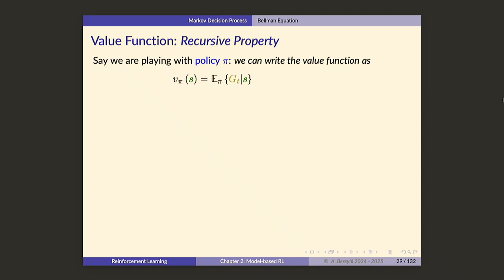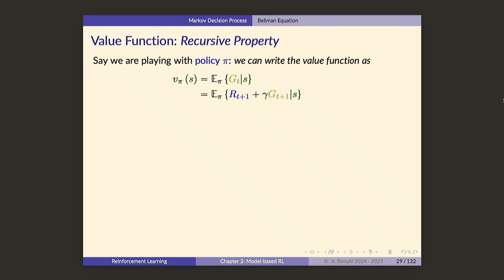Next, I'm going to replace this future return with the expression we found in the previous slide. The future return G_t is going to be my immediate reward, which is R_{t+1}, the reward that I get immediately after playing my policy, and then I add up the future return of the next time interval.